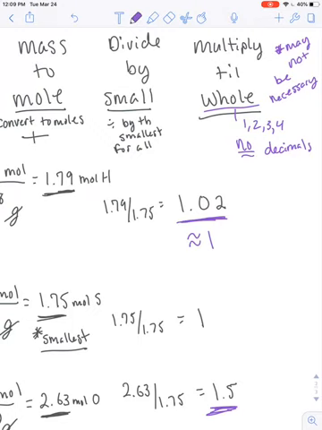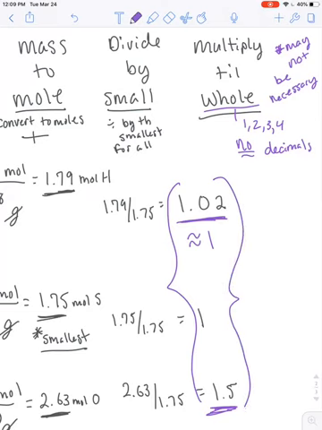So we're essentially taking all three of these numbers and we have to multiply them by something to get a whole number. So if we have 1.5, I'm going to look at that 1.5 and say, well, if I multiply that by 2, then that's going to give me 3, right? So that's a whole number.